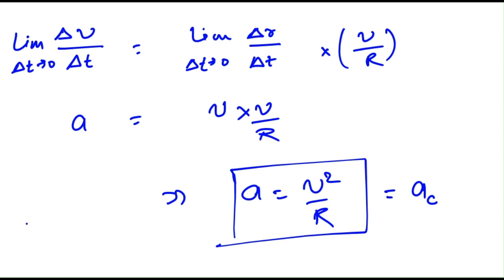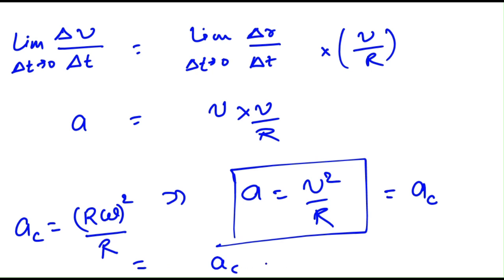We can write this centripetal acceleration equals V square by R, but V we have just found out equals R into omega, where omega is angular speed. So this acceleration comes to be R omega square. Now we have the centripetal acceleration connected to the angular speed.